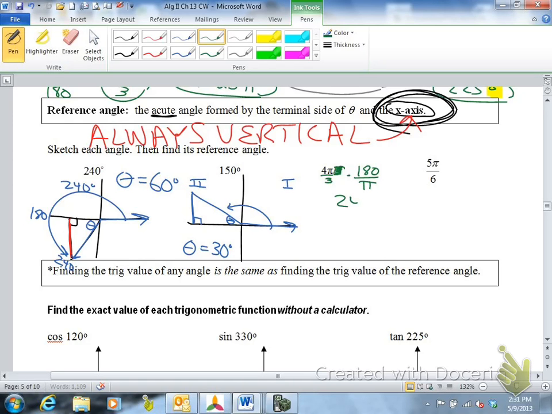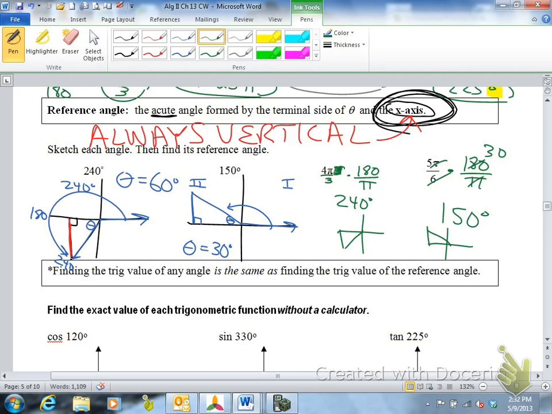Converting that, you'd get 240 degrees, which we actually just did on the first one, so I'm not going to do that again. It would look like this, and it'd be a 60. We already did that. This one we'd multiply by 180 over pi. The pi's cancel. You get 150 degrees. And that one we actually did right over here. So you get a 30 reference angle.